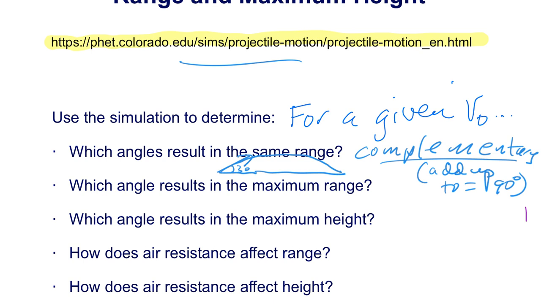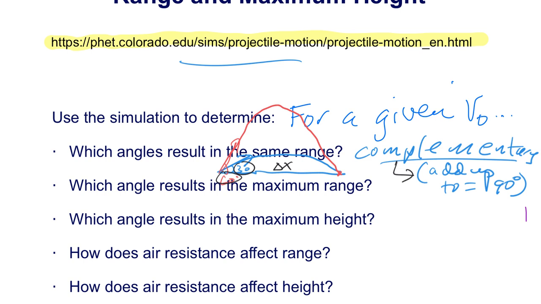So the complementary angle to 30 is 90 minus 30, which is 60. So if I shot it at 60 instead, same speed, it goes up and hits at the same spot, same delta x. So complementary angles 60 and 30 will give you the same range.